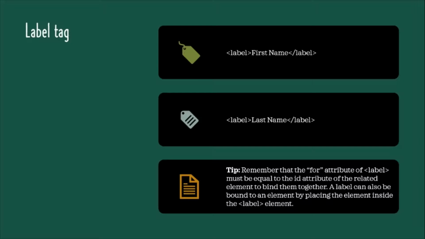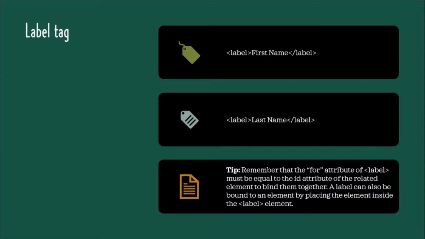So when we use labels properly, we can make sure that screen reader users will be benefiting from it because this will be reading out loud the label when the user is focused on the element. And it will also be helping out those people who are having difficulty clicking on small regions of your website.